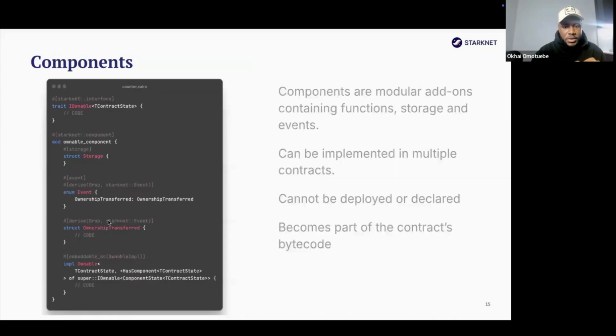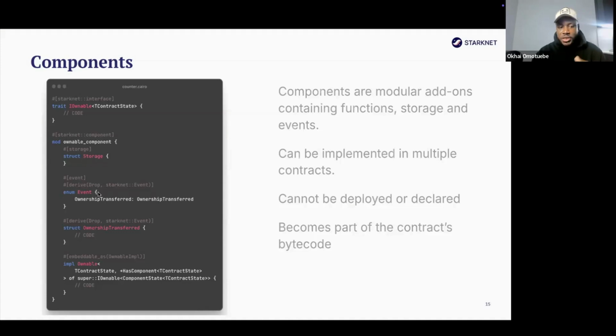And then we go to components. So think of components like Lego blocks. They are very similar to contracts, but the only difference is that you cannot declare or deploy a component. You would see that, again, it has the StackNet interface, so it's very similar to what you would have in a contract. But also you will notice that in this case, if it was a contract, it would have a StackNet contract attribute, but this one has a StackNet component.